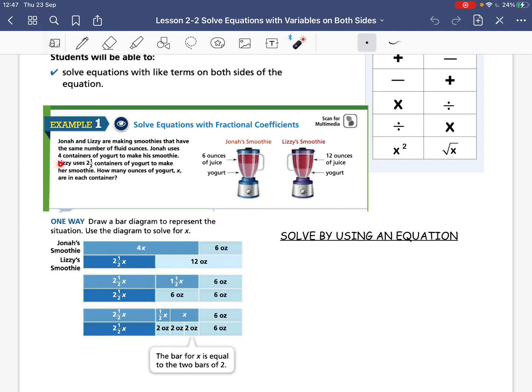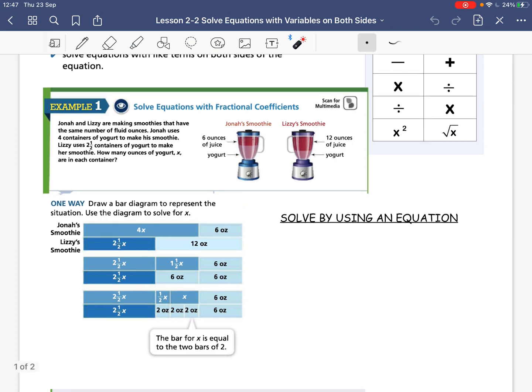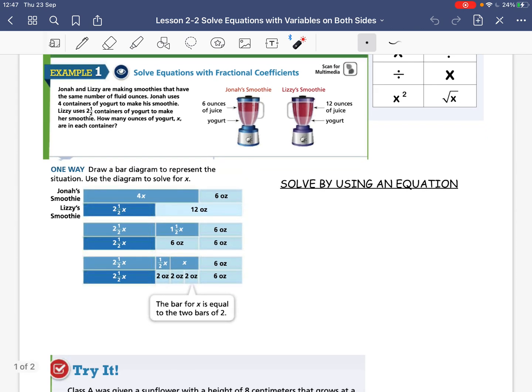We know that Jonah uses 4 containers. Lizzie's only using 2.5, but we don't know how much is in each container. So we can set this up using bar diagrams.